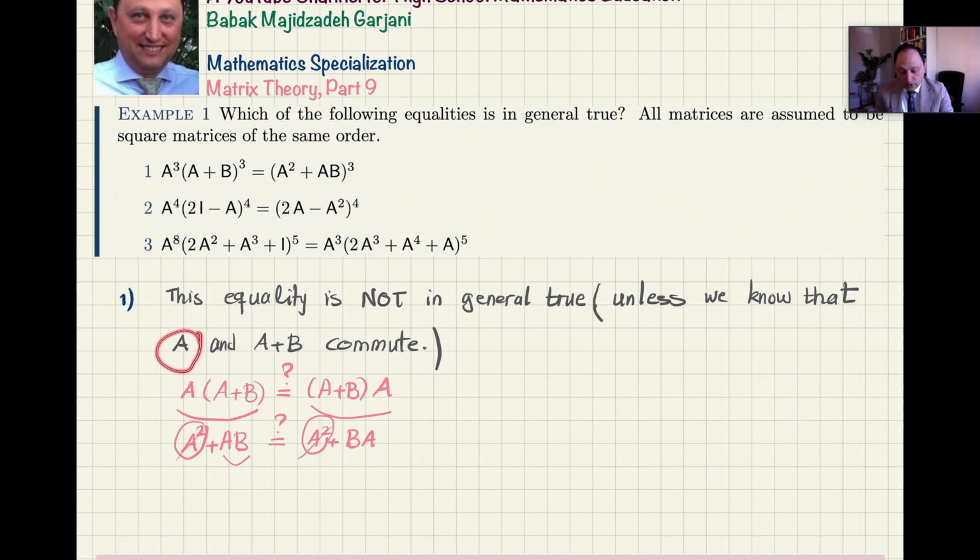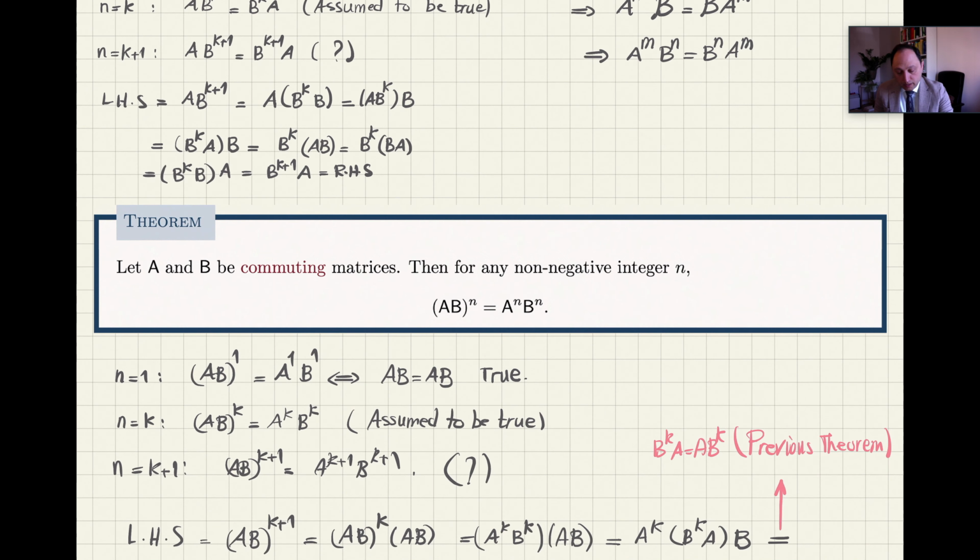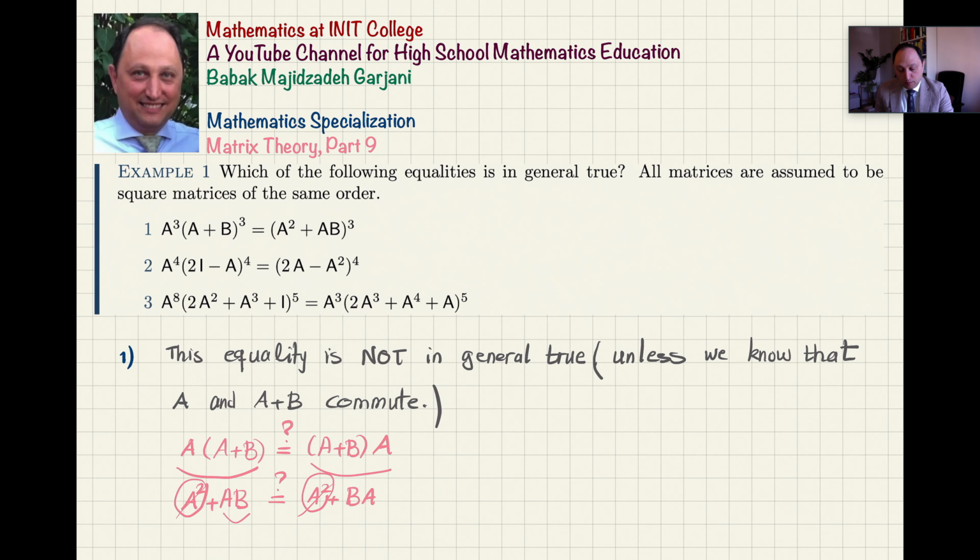We cannot assume that A and A plus B commute, and this theorem is valid when A and B are commuting matrices. So I am not allowed to use this simple rule that was correct for numbers. Okay?